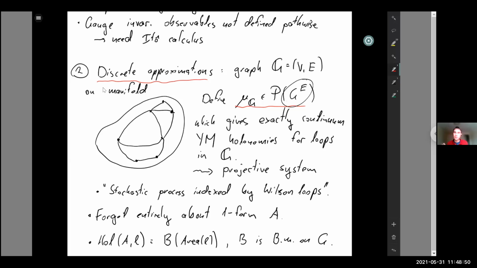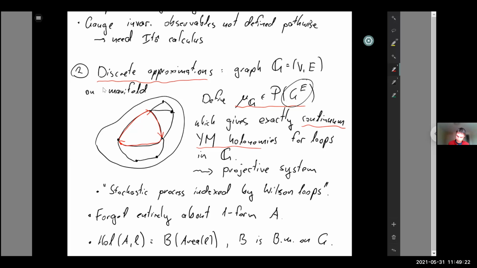It agrees entirely with the continuum Yang-Mills holonomies, provided that you look at loops inside of the graph. If you just fix a loop here, like say this one, then the holonomy around this loop, the product of these group elements along these edges, will be invariant when you take subdivisions of the graph.